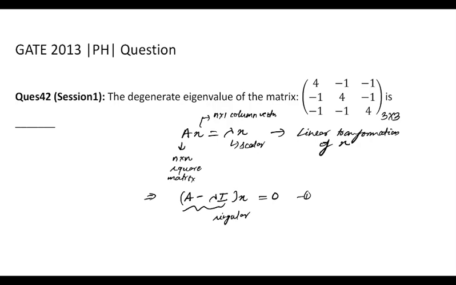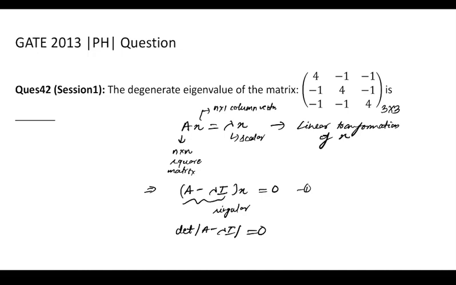And in order to have non-trivial solutions for this singular matrix, we know that the determinant is always 0. Determinant of A minus lambda I will be 0. Therefore, using this property, we can find the eigenvalues.